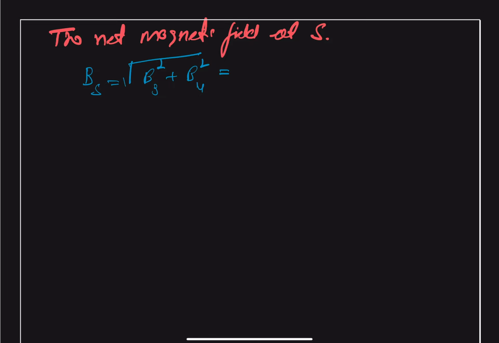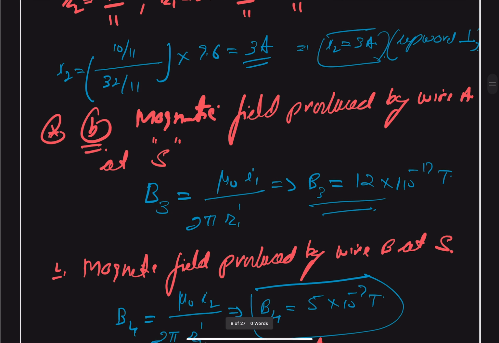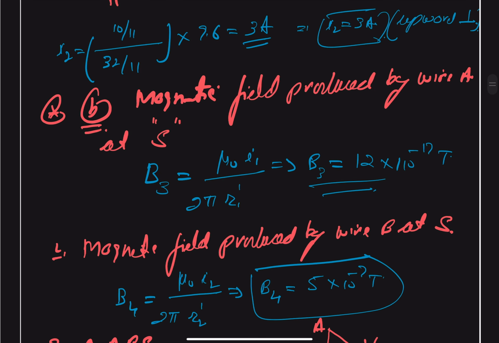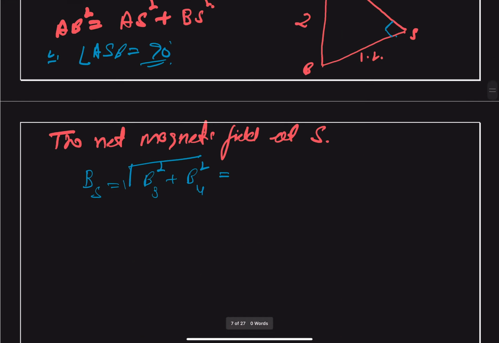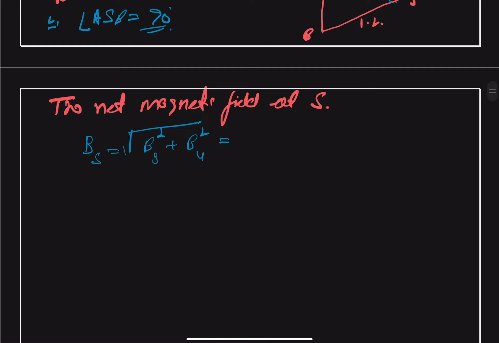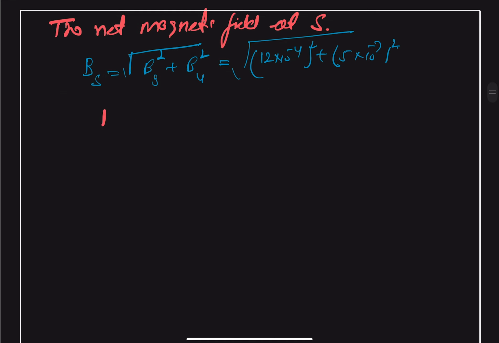I think there is some, yeah, this is wrong. This should be 4, my mistake. So if we substitute the values, we get 12 into 10 to the power minus 4 whole square plus 5 into 10 to the power minus 7 whole square. So we get BS will be equal to 1.3 into 10 to the power minus 6 Tesla.